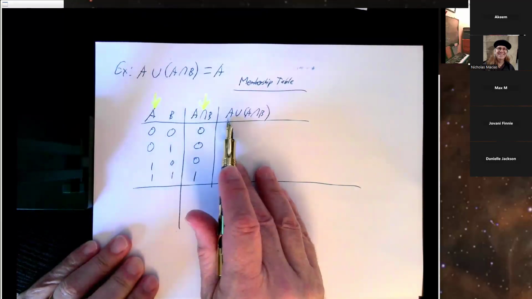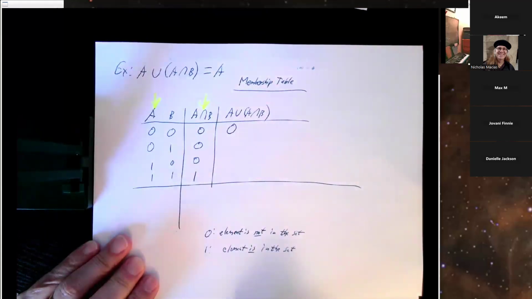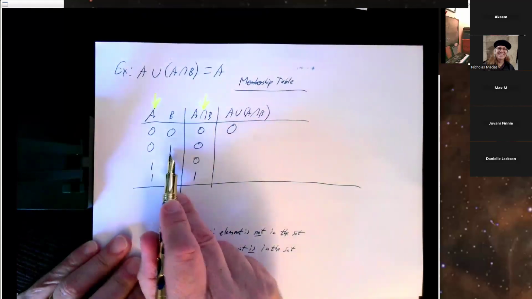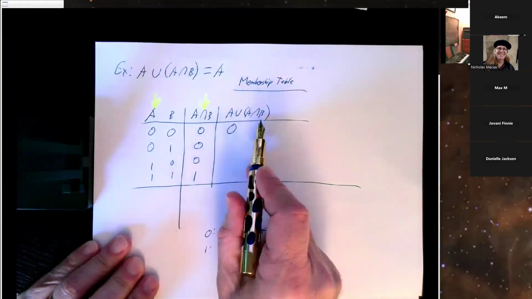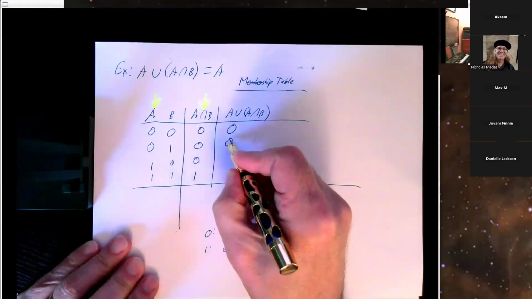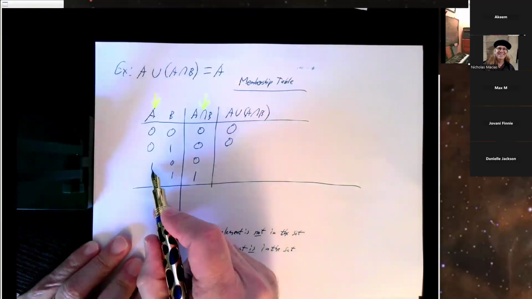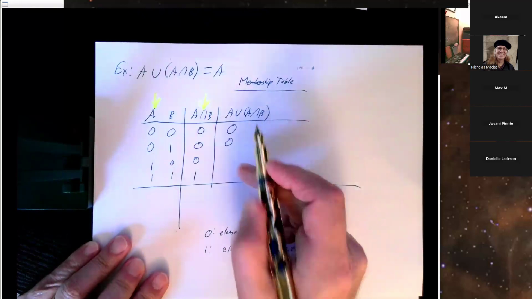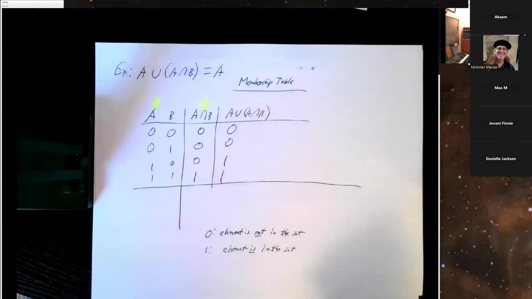So it's not in this or that. It's not going to be in the union. And in the second case, it's not in A, but it is in B. It's not in the intersection. And so it's not in A, it's not in the intersection. It's not going to be in the union. In the third and fourth cases, the thing I thought of was in A, which means it's going to be in this union. And so in both of those cases, that would be a 1.